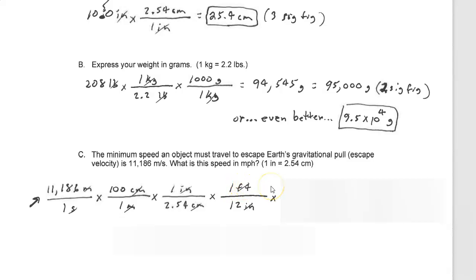Okay, but we're not looking for feet per second, so we draw another factor. Okay, do I know a relationship between feet and miles? Actually, I do. I know that 1 mile is equal to 5,280 feet. So what goes on top, what goes on bottom? Well, I want the feet on the bottom, because I want these feet to cancel those feet.